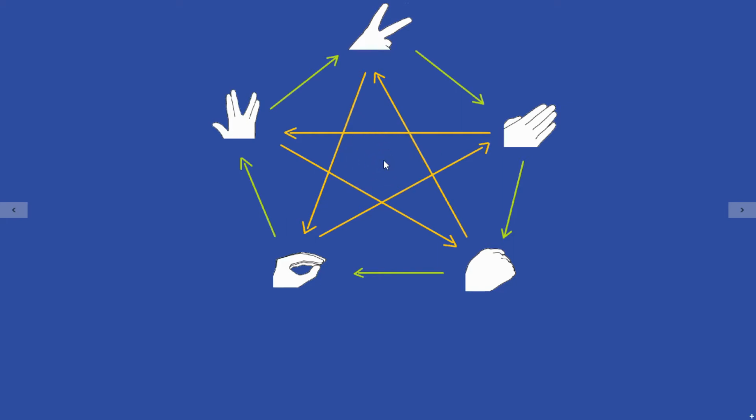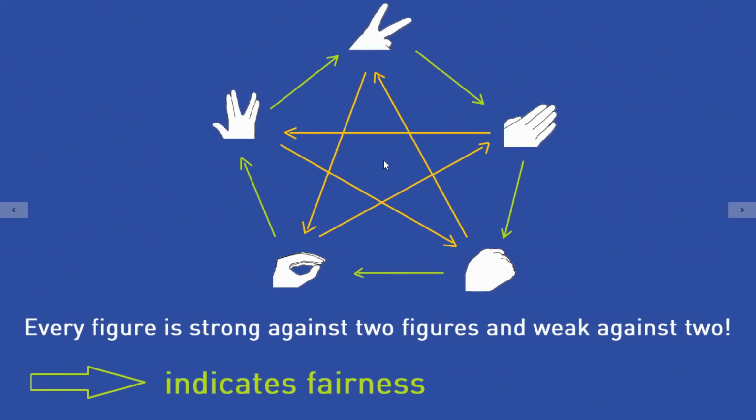So when you take a look at this picture, the game seems fair, because every figure is strong against two figures and weak against two figures. This indicates fairness. For example, Lizard is strong against Spock and paper, but it's weak against scissors and rock.